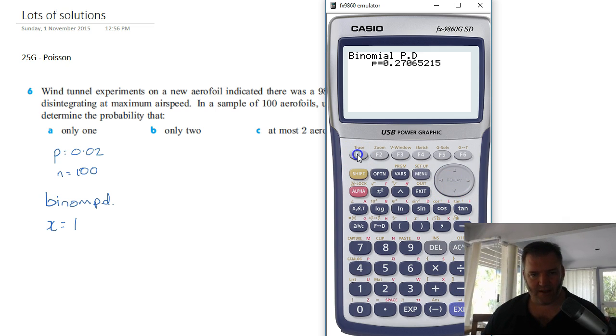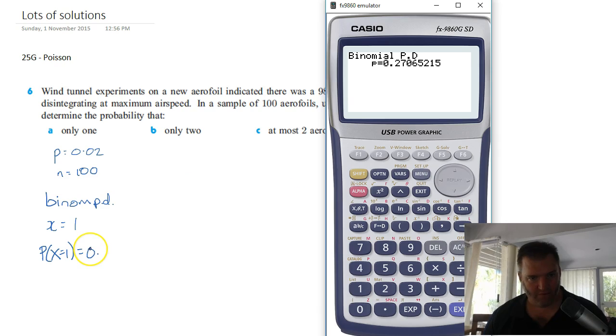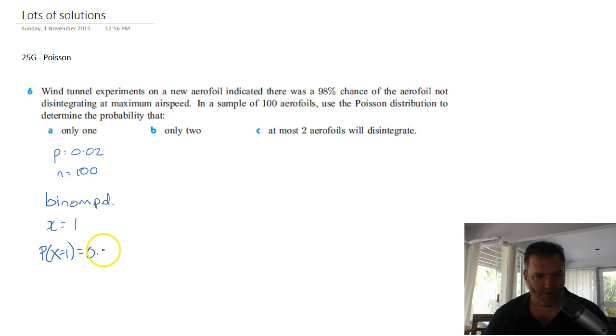We can go ahead and calculate that pretty easily. 0.2707. So the probability x equals 1, or number of aerofoils failing equals 1, is 0.2707. And that's not too bad, is it? So there's our first one.